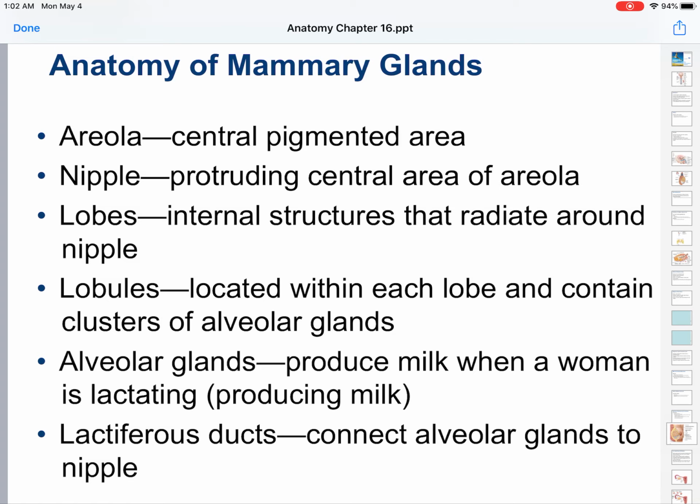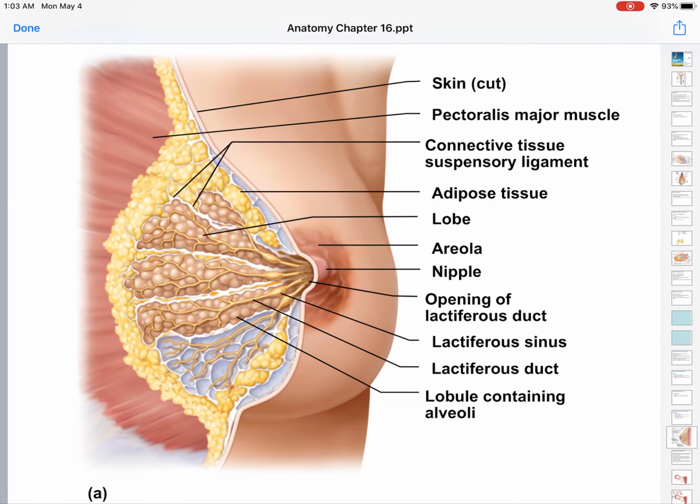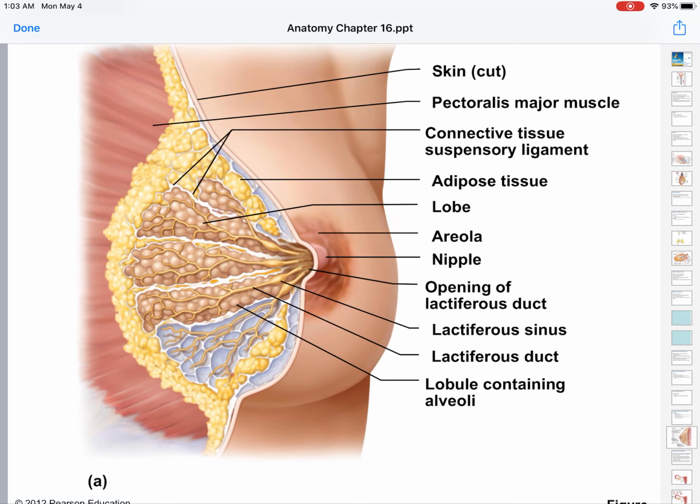Internal structures that radiate around the nipple are the lobes and the lobules. Lobules are located within each lobe and contain clusters of the alveolar glands. The alveolar glands are what are directly responsible for producing milk. And the lactiferous ducts connect the alveolar glands to the nipple.